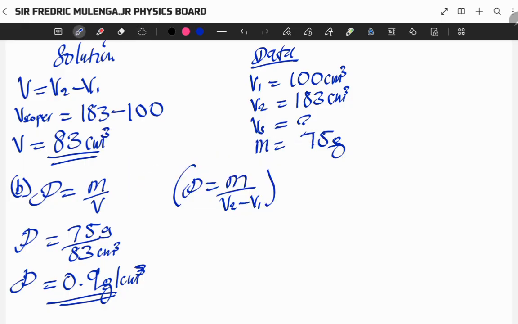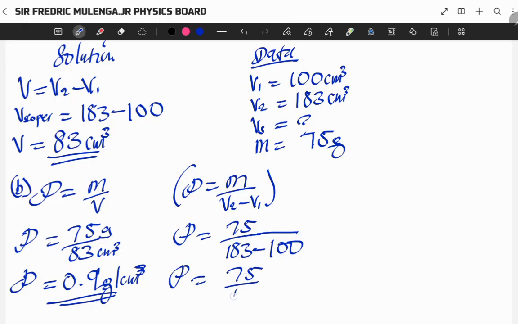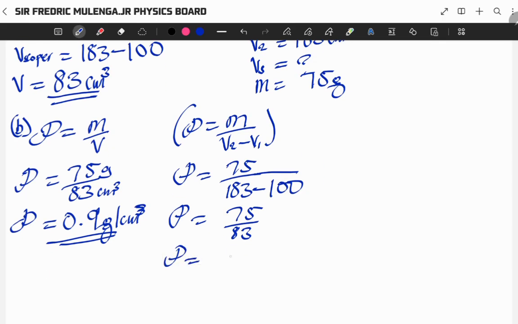So density is equal to mass, which is 75 over, so V2 is 183 minus V1, which is 100. Okay, so density, this will be 75 over 183 minus 100, just 83, and this will take us back to 0.9 grams per centimeter cubic.